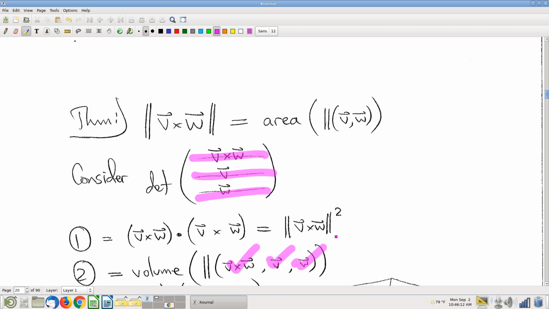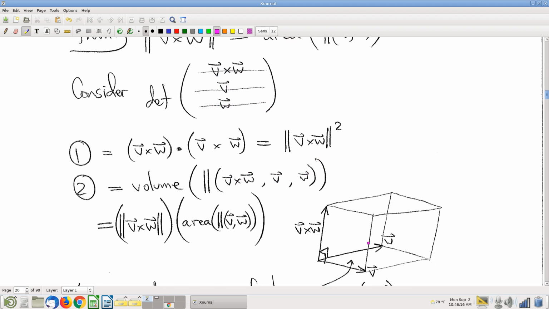Okay, let's draw a picture of that volume. Let's see here. I'm going to go ahead and make that vector is that one, and this vector is that one, and this vector is that one.